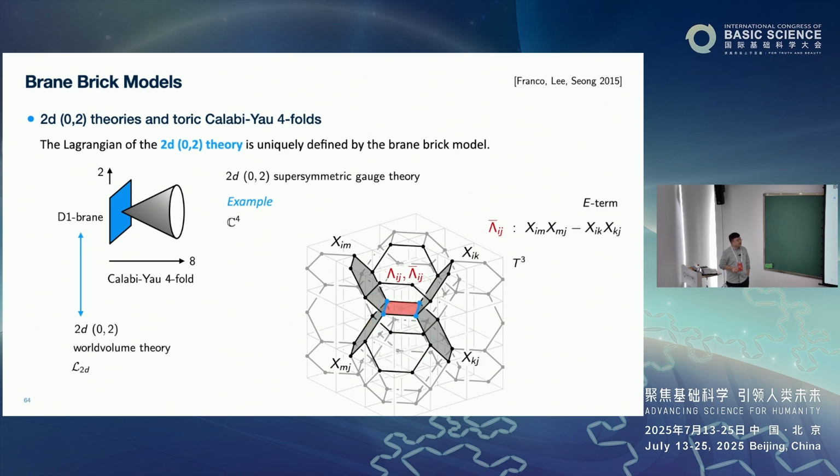In fact, if I look at opposite edges of these Fermi squares, they are associated to monomial products of chiral multiplets that identify either a so-called E term or a J term of the corresponding 2D 0,2 Lagrangian.